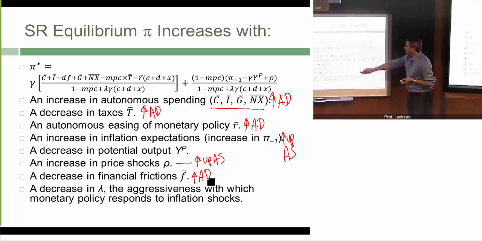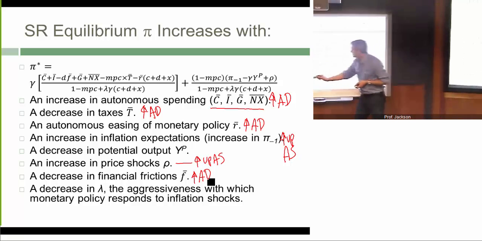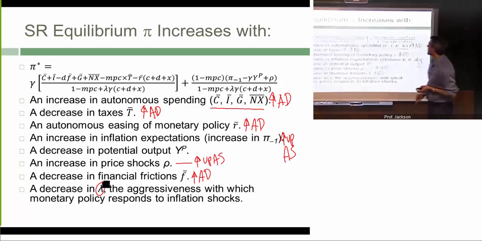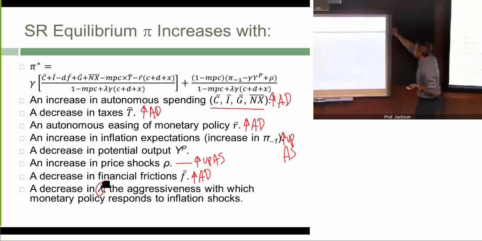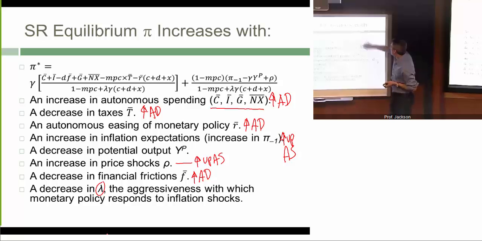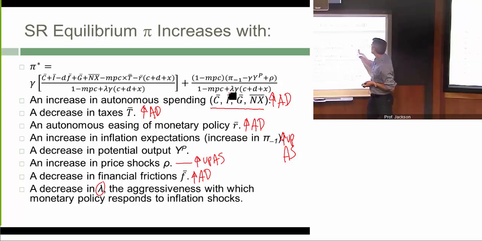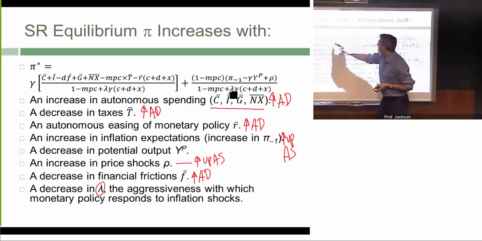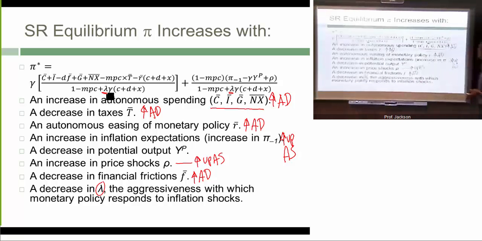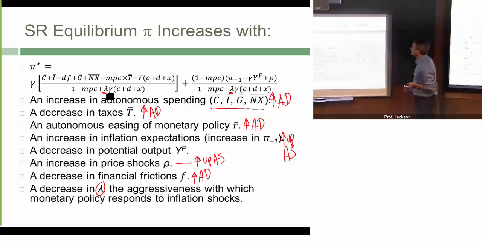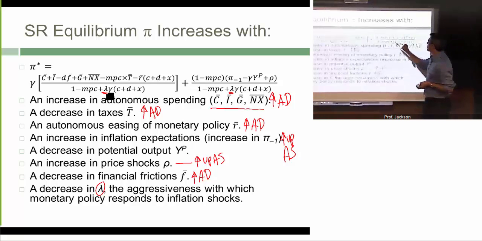And then we have another one which we didn't have when we talked about output in the short run, which is the effect of lambda here. Lambda is actually in the denominator of these terms.